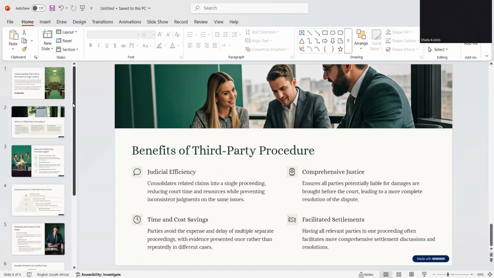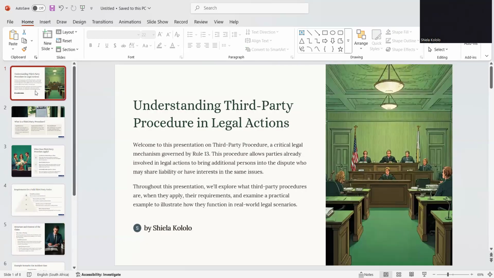So suppose in an exam, they give you an example, and they give you a scenario and then they ask what your client can do. If you see that my client has an action against a person, but in the same scenario it is mentioned that the defendant has a claim against another person because this person caused this, or it is stated that so and so is the result of the accident having occurred, then you know that what the defendant can do is bring a third party notice.